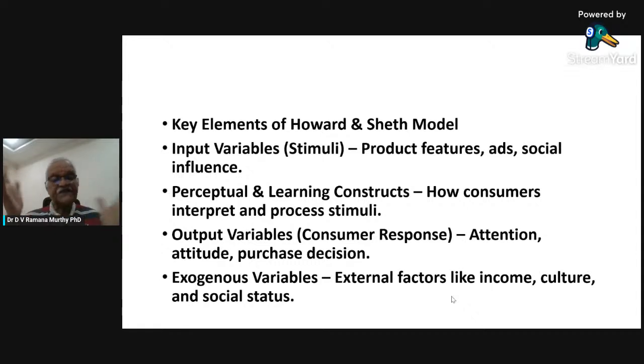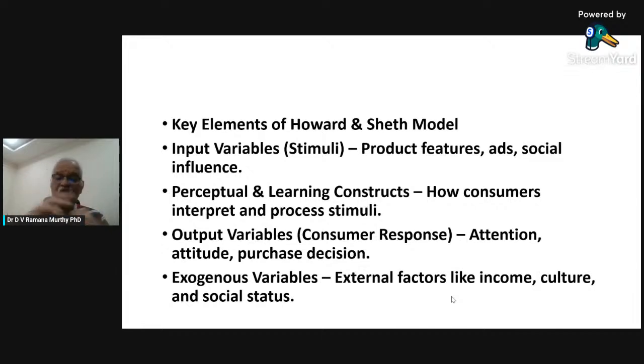And then what are the exogenous variables that may influence this buying exercise? It's not your market information alone. The external factors include the income, the culture and the social status of the customers. For example, for a low income bracket, there's no point in advertising too much about BMW cars.